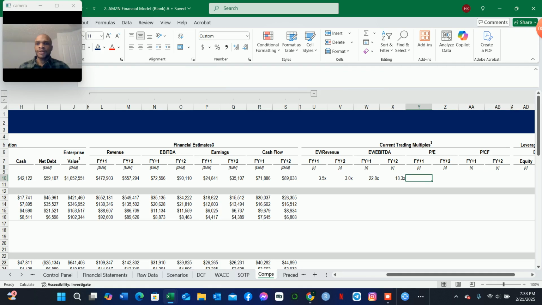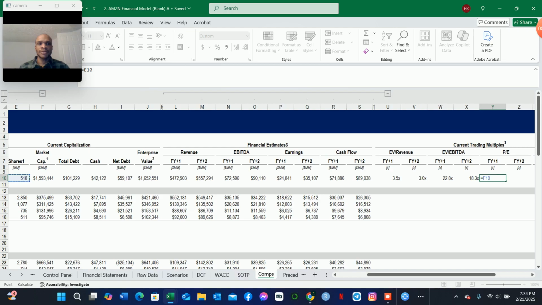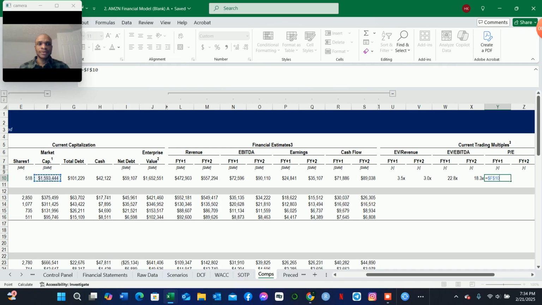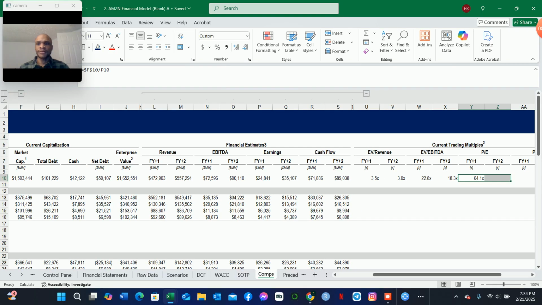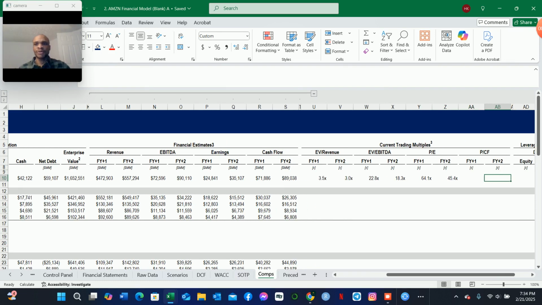And then for the price to earnings multiple, it's going to be equal to the market capitalization, reference the cell with F4 once, and then we can divide that by the net income. Having that set up, we can fill that right for the fiscal year plus 2 for the price to earnings multiple.